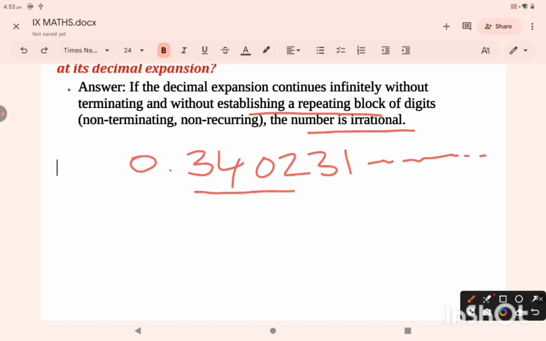The number is irrational. Therefore, every non-terminating, non-repeating decimal is irrational.